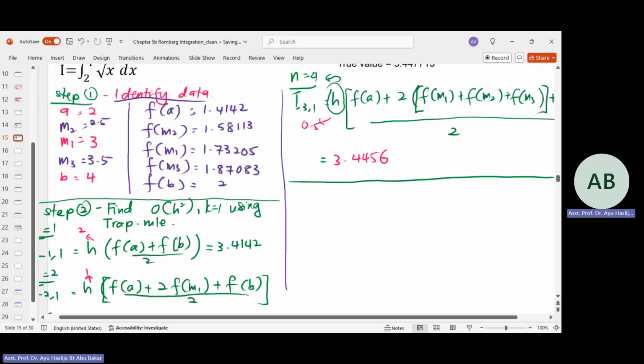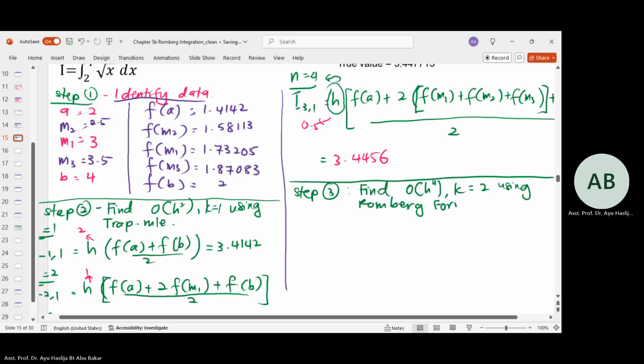Next step, move to level 2. Here you need to use the Romberg formula, or Richardson extrapolation formula.